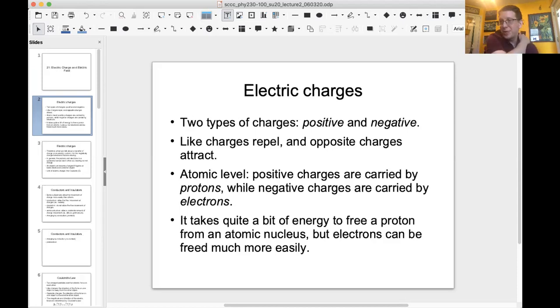And that applies for electrical circuits also, that electrons can move very easily through conducting wire. So it's the electrons that do nearly all the moving. And when we're talking about an electrical current, we're almost always going to be talking about moving electrons.